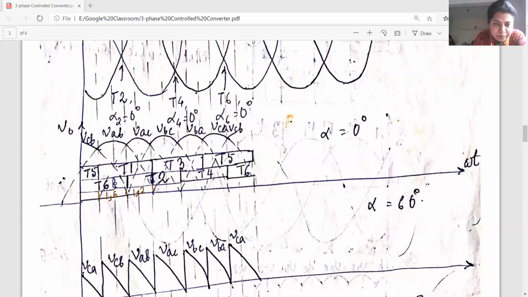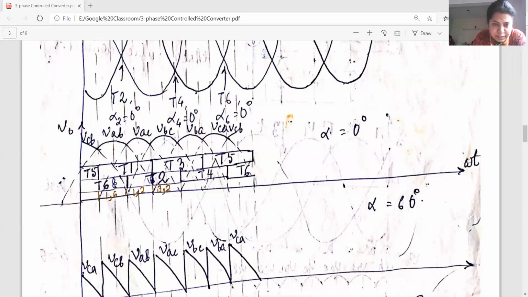Again, from this instant to this instant, 3 is conducting and 2 is conducting. So 3 from the positive group, 2 from the negative group.